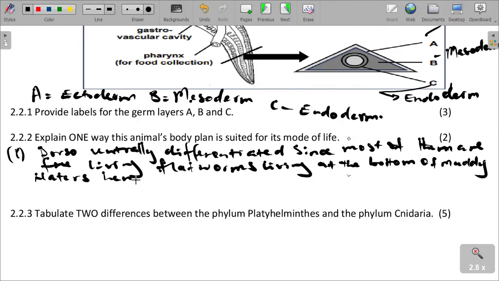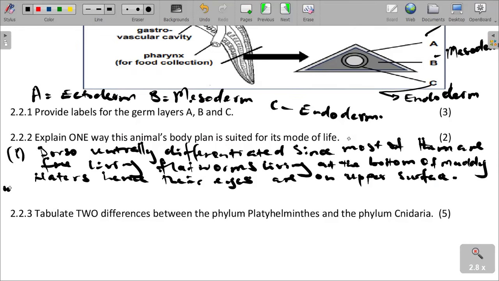Hence, you find that their eyes are on the upper surface. That is question one.